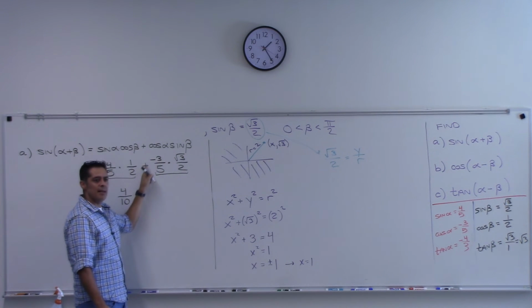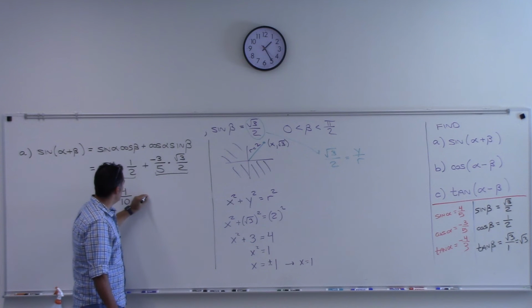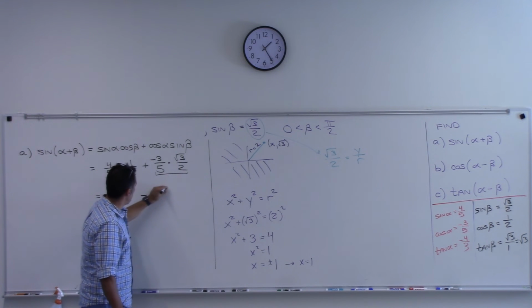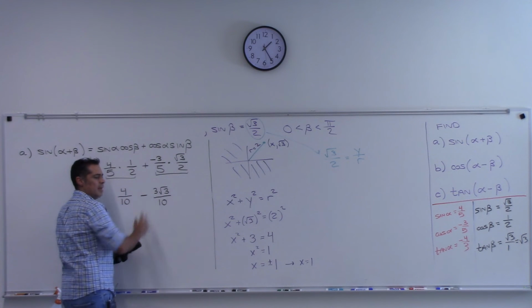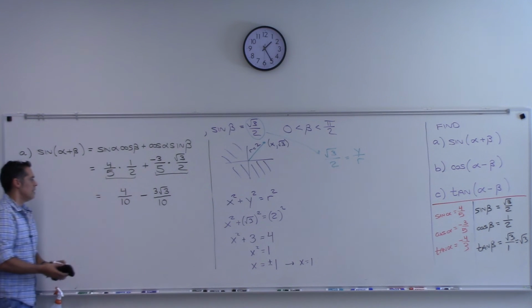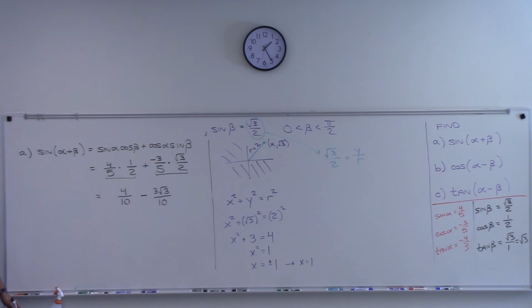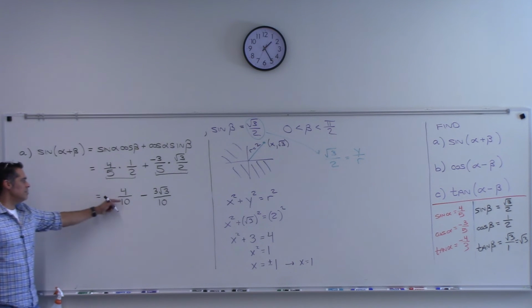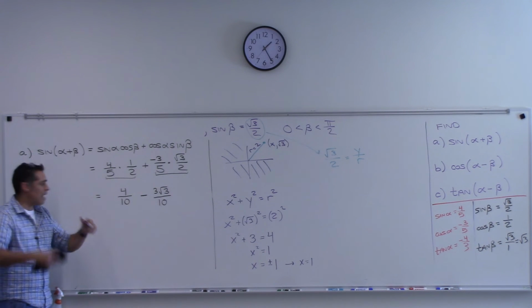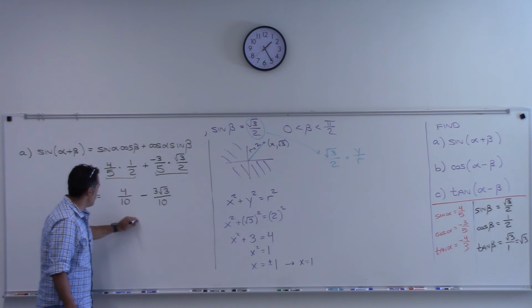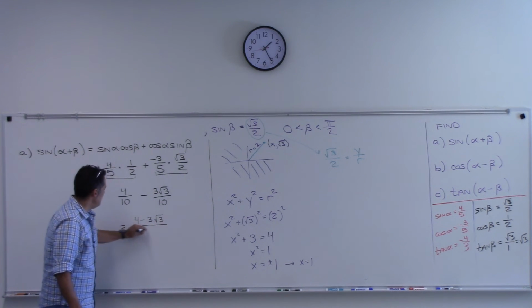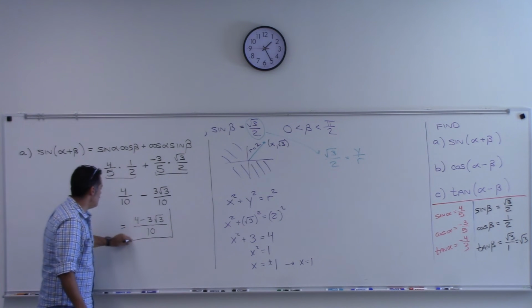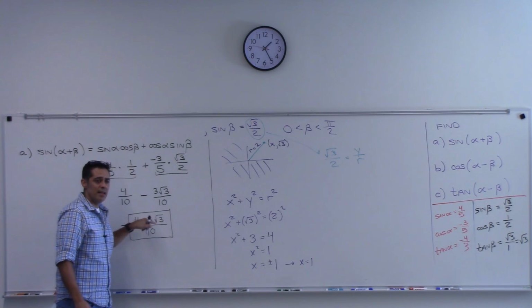So I'm going to be adding a negative, so I'm going to put minus here instead. 3 root 3 over 10 again, right? 5 times 2, 10. Those have the same denominator, yes? Which is why I didn't reduce this. I know these are going to come together into one fraction. So this is going to be 4 minus 3 root 3 over 10. Box it up. That is the exact answer.